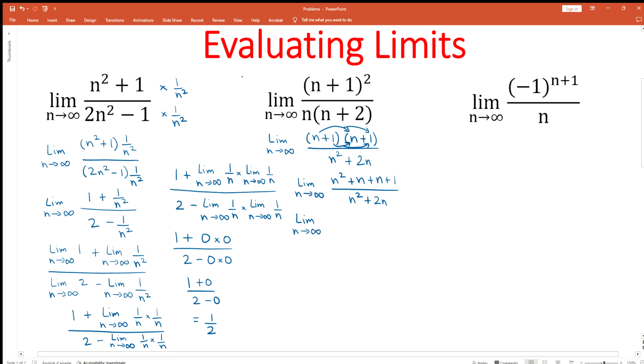Next, we can combine the like terms in the numerator. N plus n is equal to 2n.